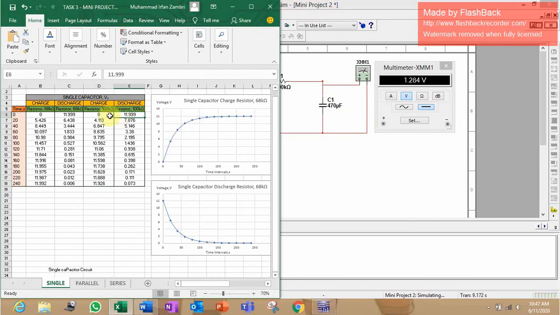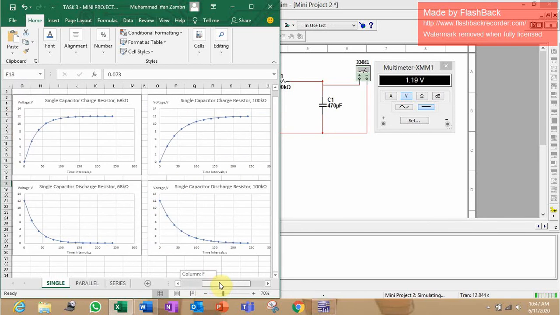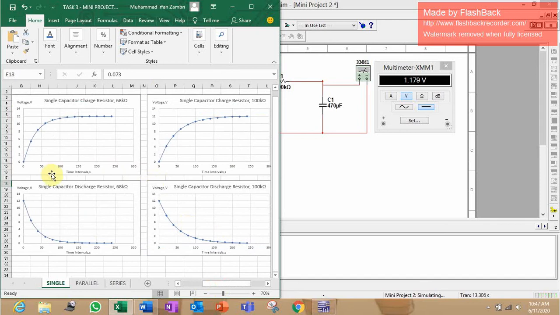The maximum voltage is also the same as for 68 kilo ohm, which is 11.999 volt, and after 240 seconds, the voltage across the capacitor is 0.073 volt. So this is the graph for the charge and discharge for each resistor, 68 kilo ohm and 100 kilo ohm.